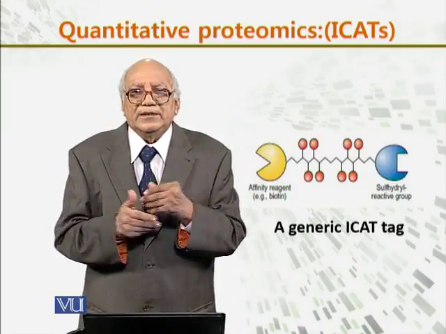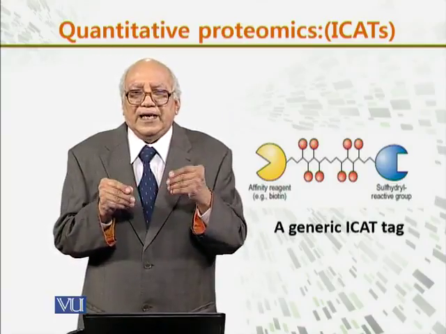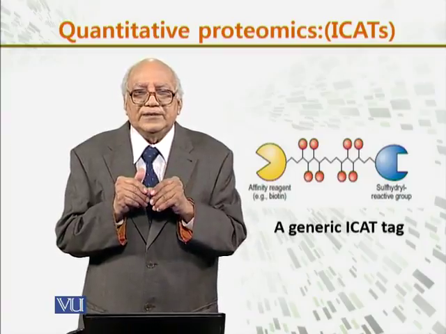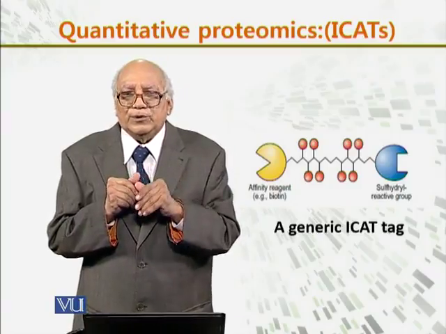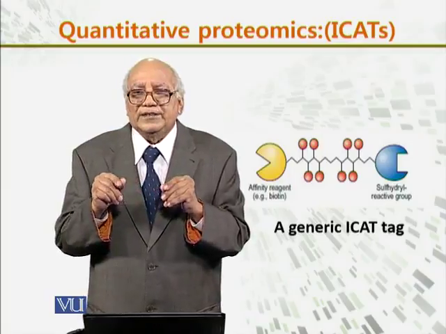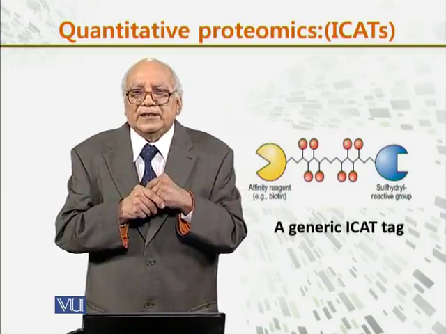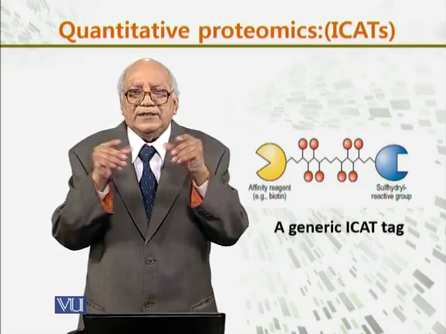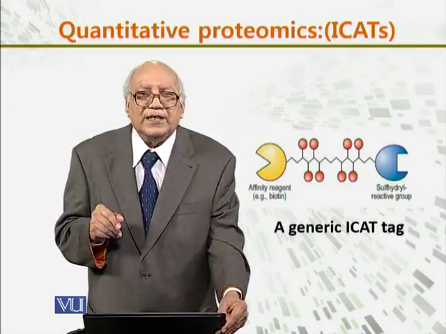For example, in this figure, a generic affinity tag is shown, where the affinity region is a biotin, and then the middle portion is there, and it attaches to the sulfhydryl reactive site, or sulfhydryl group, of a cysteine amino acid. That is a generic ICAT tag.